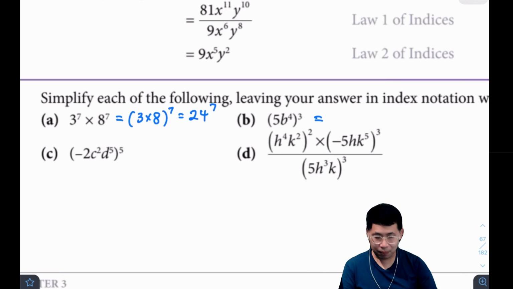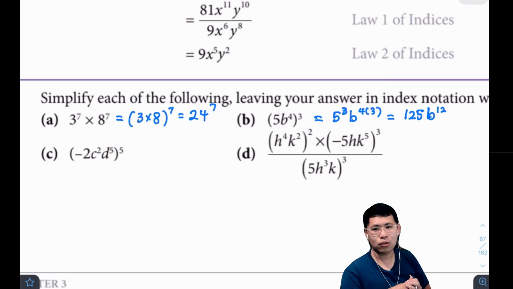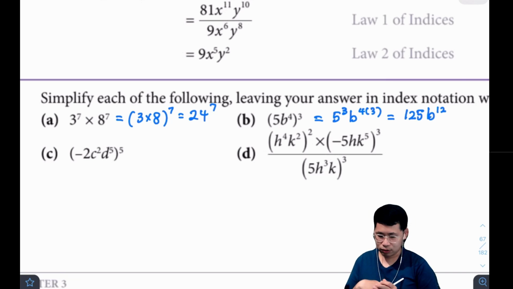So we can split them. b to the power of 4 cubed is b to the power of 12, or you can put it as b to the power of 4 times 3. And 5 cubed is 125, so it will be 125 b to the power of 12.